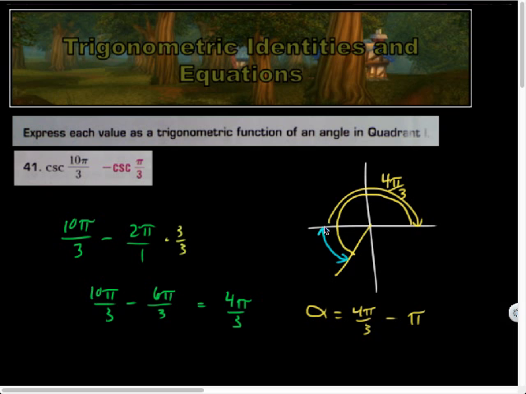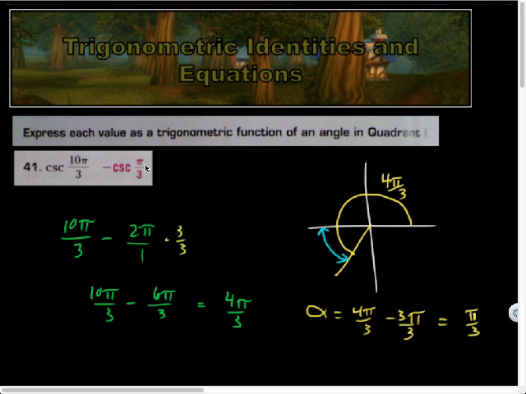Subtracting this much would give me what's left over. So we could call that 3 pi over 3 if we wanted to make things easier. So alpha is going to be pi over 3. Now, I found my reference angle, and you can see that part of the answer right there.